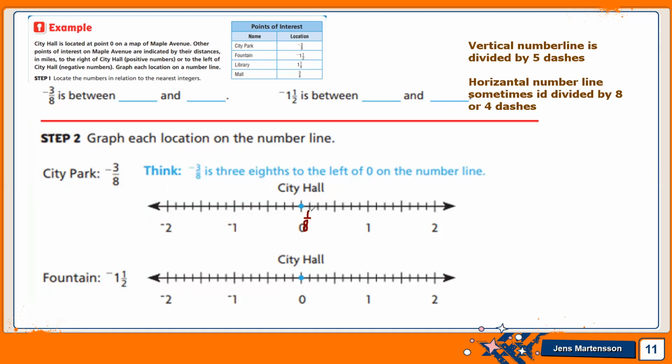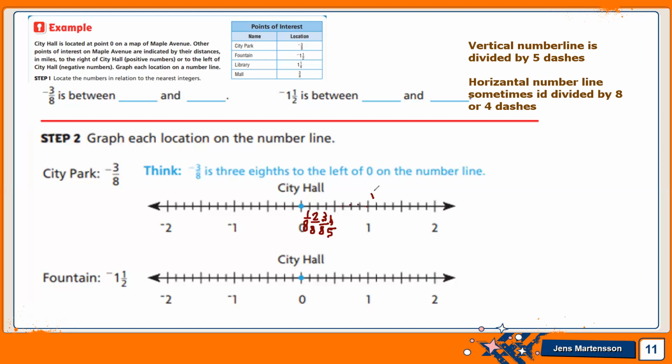Why 8? Because we have 8 dashes. Here we have 2 over 8. Here we have 3 over 8, then 4 over 8, 5 over 8, 6 over 8, 7 over 8, and then 8 over 8 or 1.